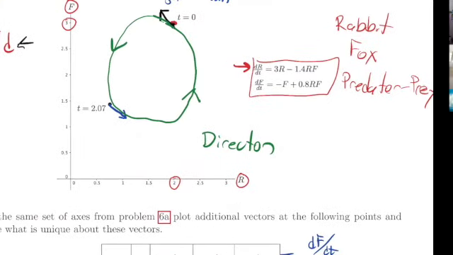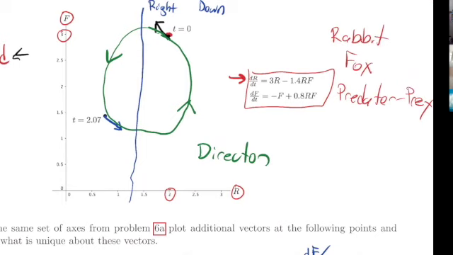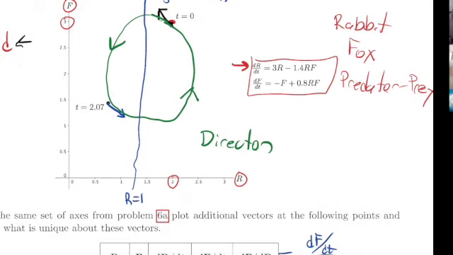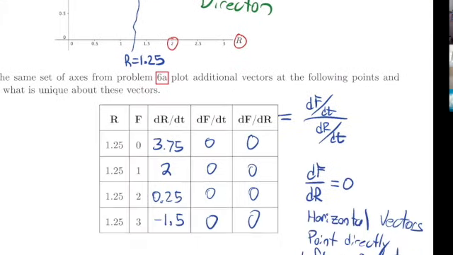So I can come into this vector field. Here's this line when r approximately is 1.25, and then I know all of the vectors on that line are going to point horizontally. Any point in the phase plane that has r equal 1.25 is going to have a horizontal vector.